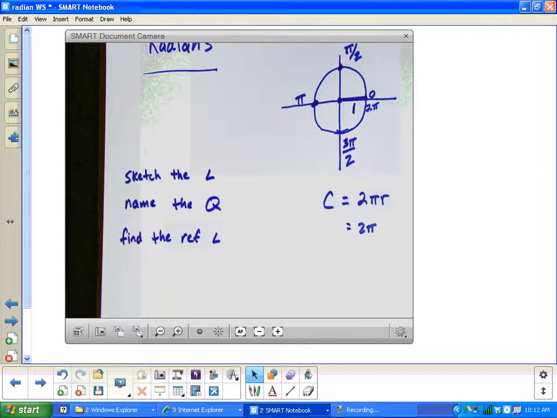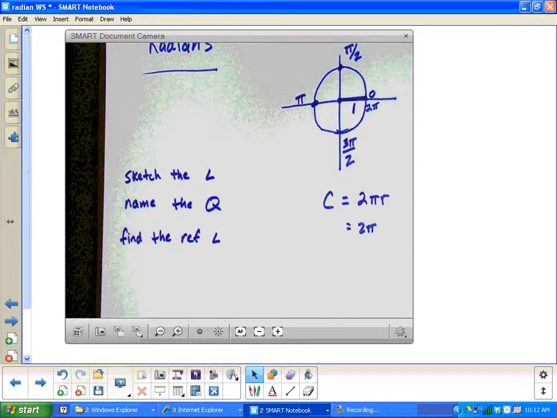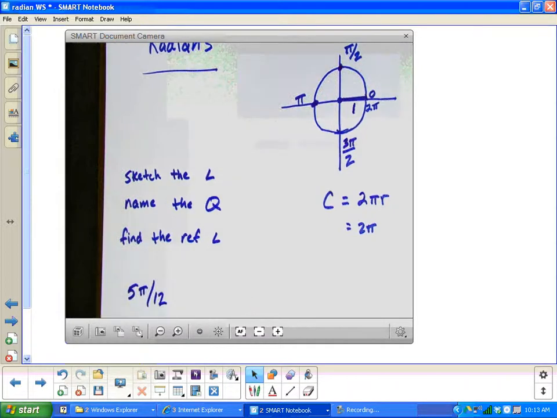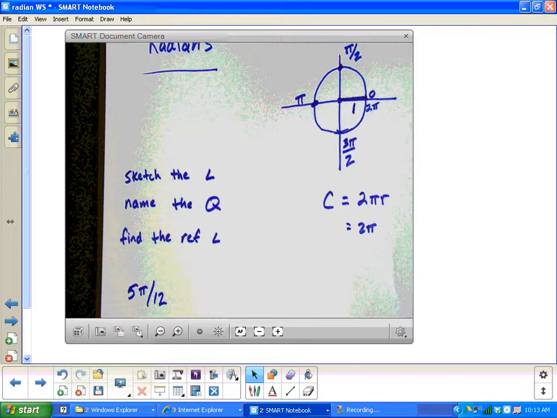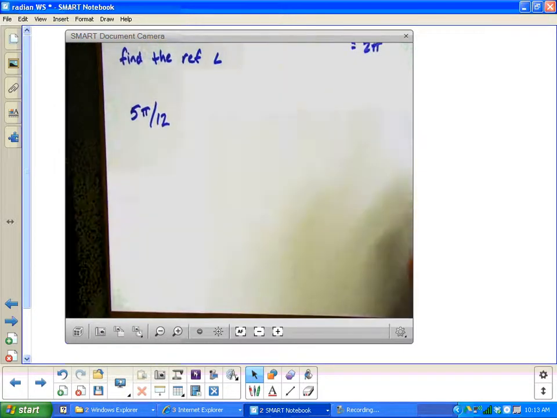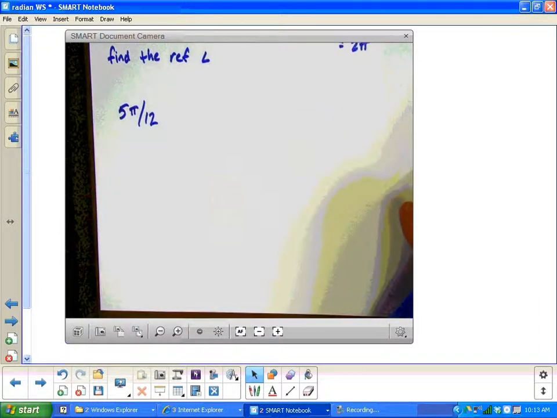Okay, so here we go. Let's start off with this one. Let's do 5 pi over 12. Most radian angles are given in terms of pi. Occasionally they're not. We'll talk about what we do when we get that.